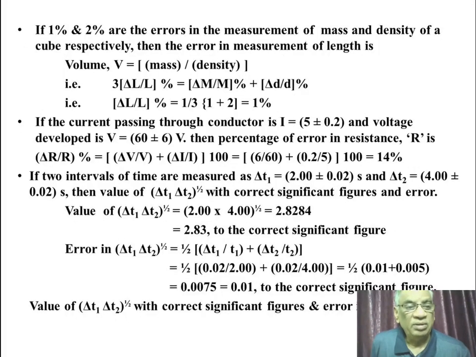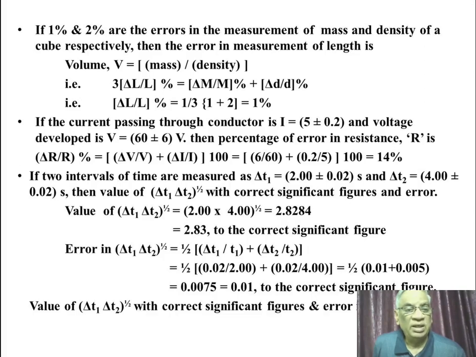And the next example, we are making a volume measurement. So the mass and density are measured for making the volume measurement. 1% is the error for the mass, and 2% is the error involved in the measurement of the density.